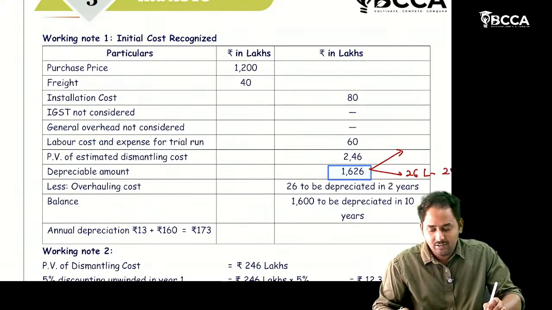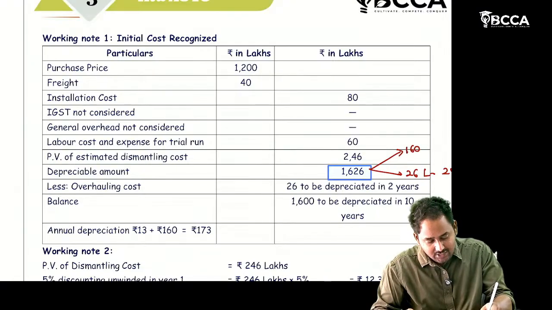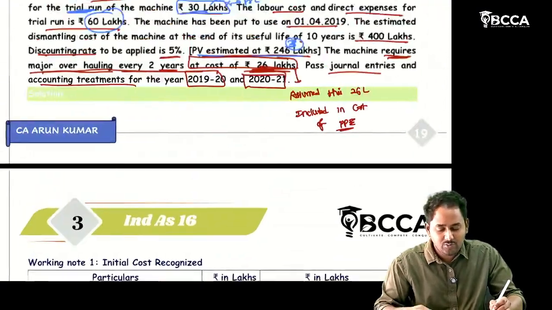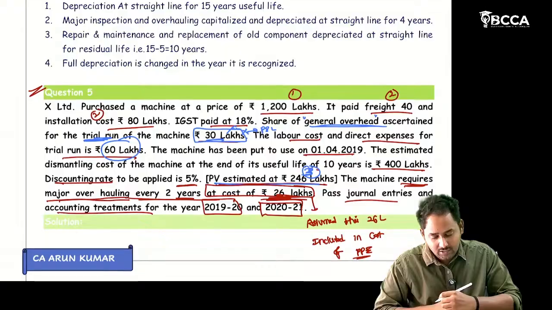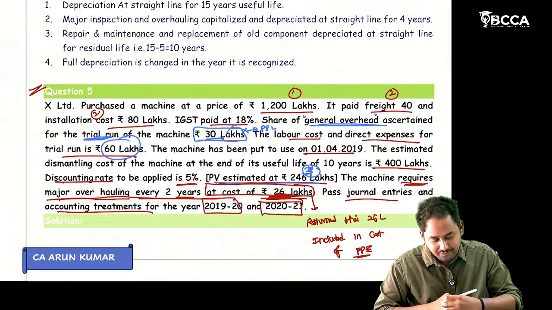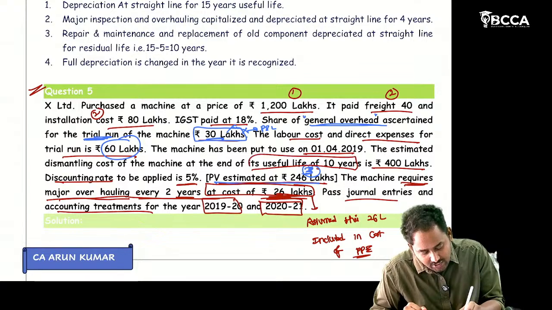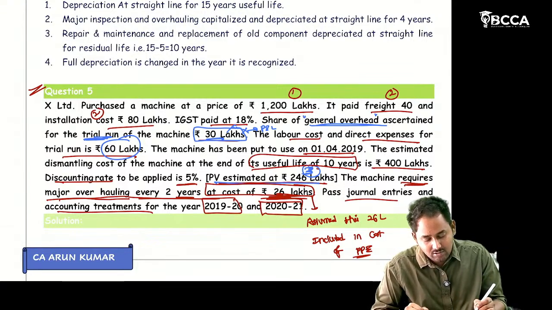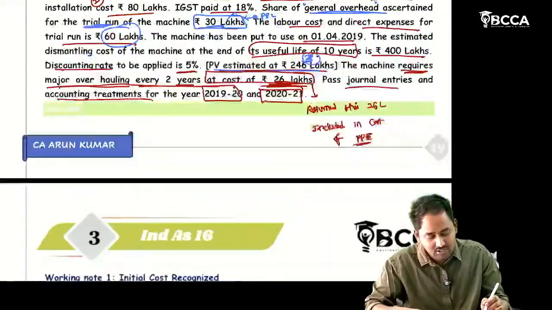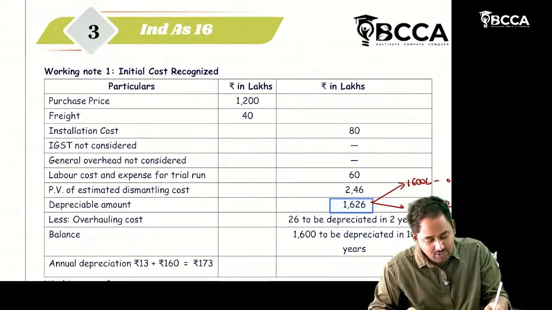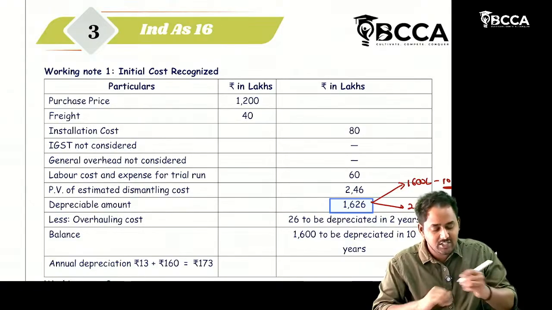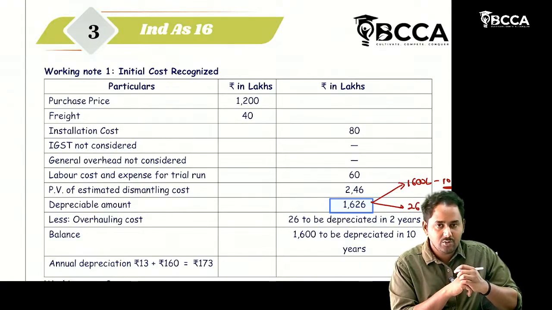For the remaining 1600 lakhs, what is the useful life? The useful life of the machine is 10 years. So with respect to 1600 lakhs, the useful life is 10 years; with respect to 26 lakhs, the useful life is 2 years. That's why I need to provide depreciation separately.